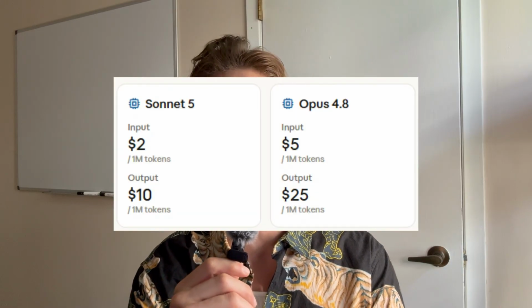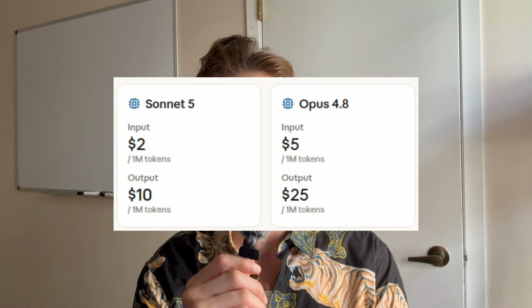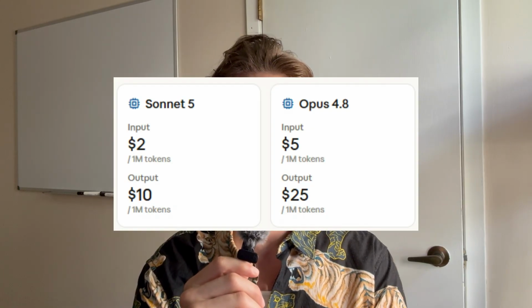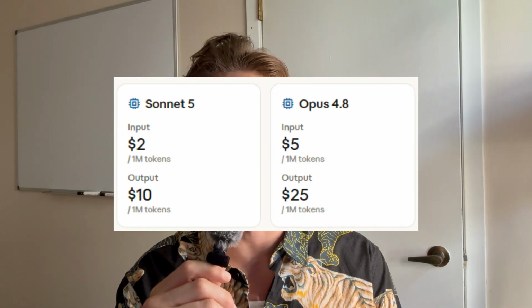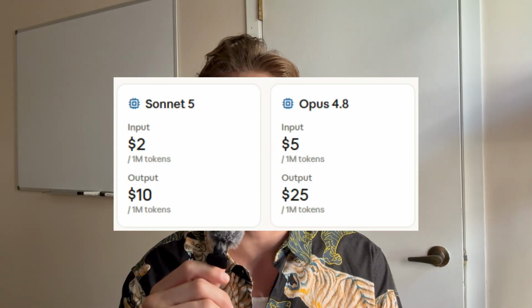Until August 31st, the pricing that Sonnet 5, this new model, is being priced at is $2 for every million tokens on the input side and $5 for every million tokens on the output side, compared to Opus 4.8, where it's $5 for every million input tokens and $25 for every million output tokens, right? Significantly more cost there. So you can see the saving opportunities that one would have deploying Sonnet 5 over their agentic tasks that previously they were using Opus 4.8 to execute on.